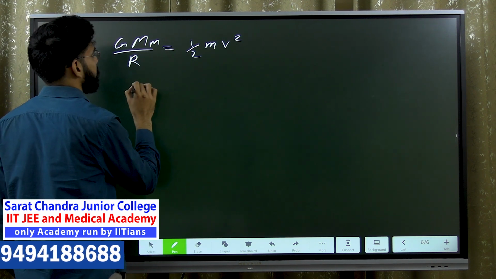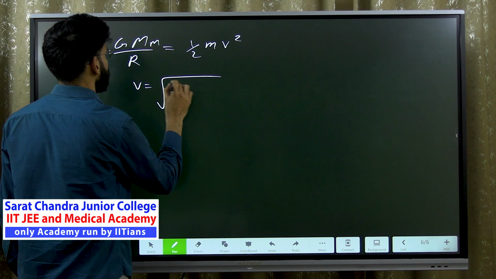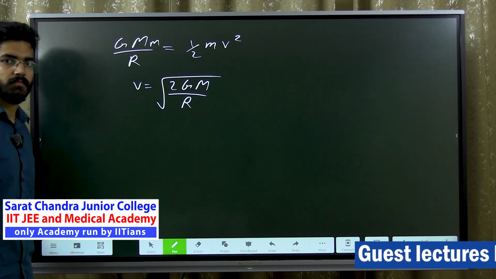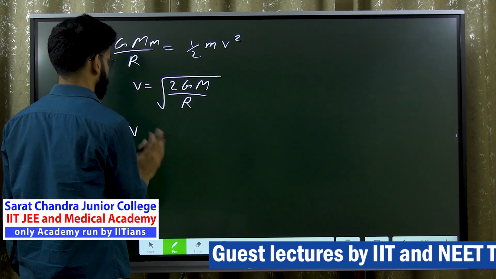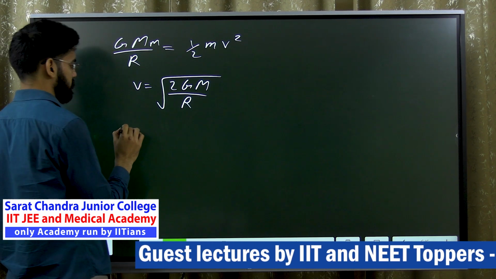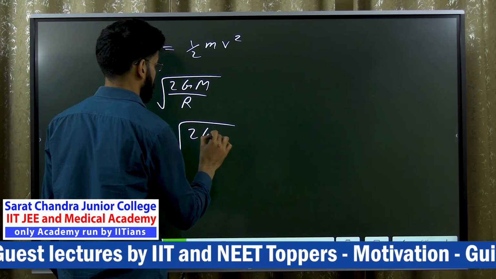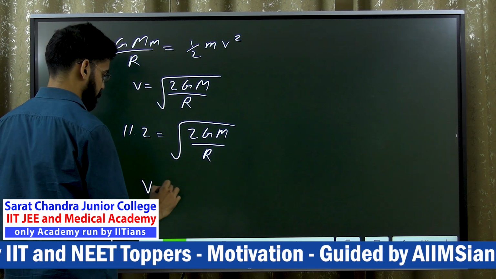So what can we say from here? V is equal to what? Under root 2GM by R. Okay, so from here we can say the velocity for the Earth, 11.2, is equal to under root of 2GM by R, right? And for the other planet, some velocity V is there, right?